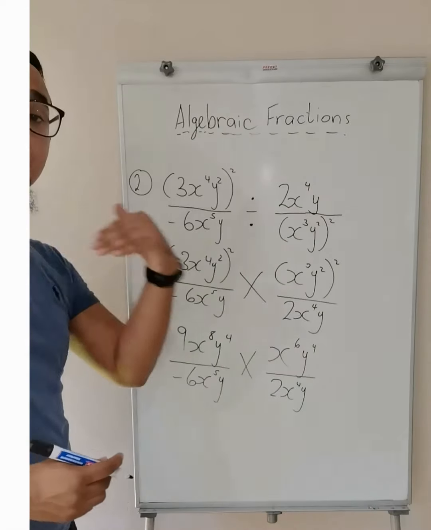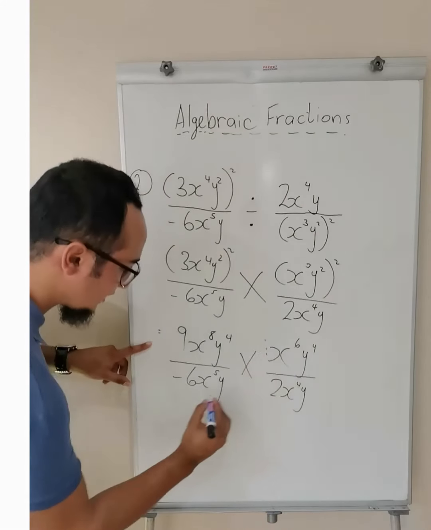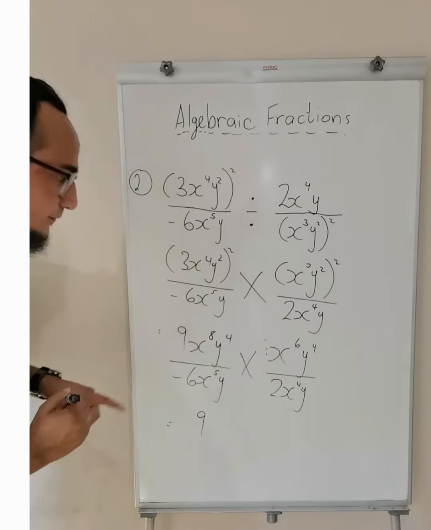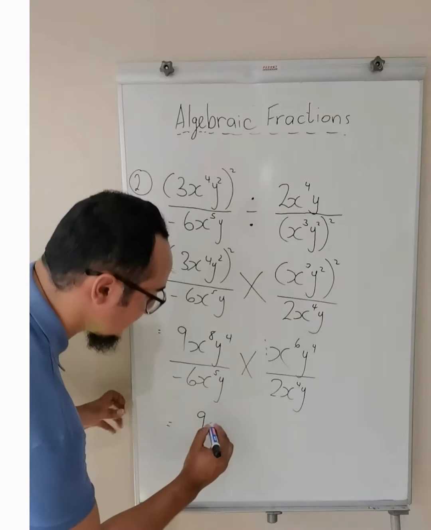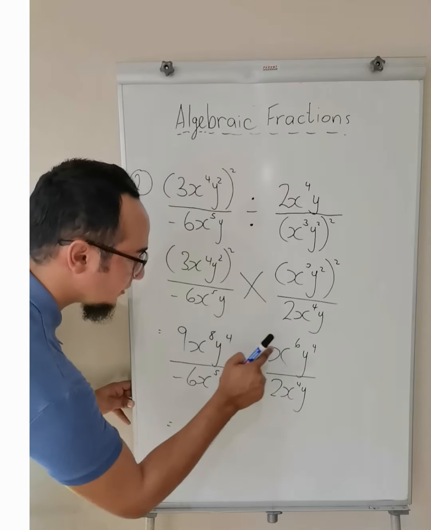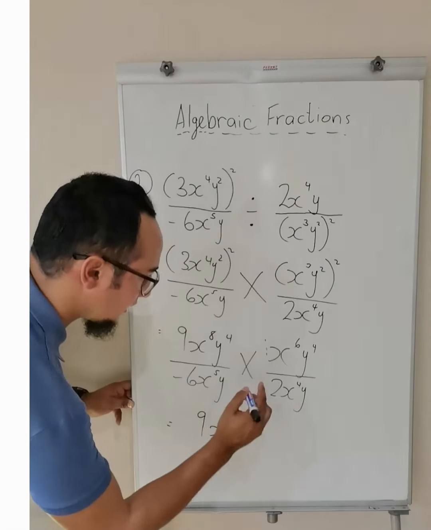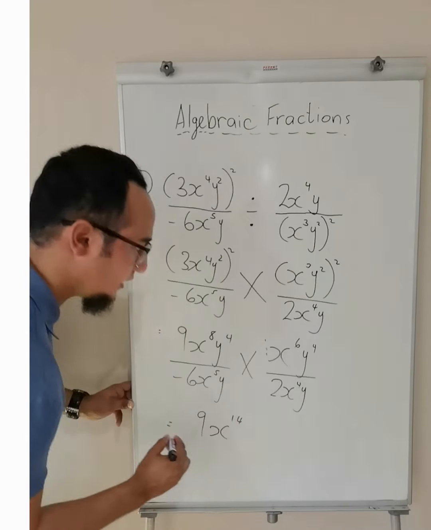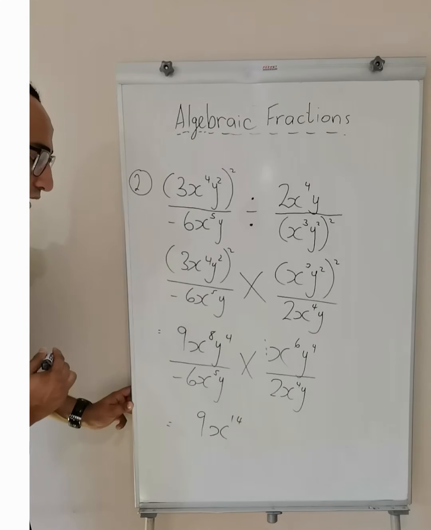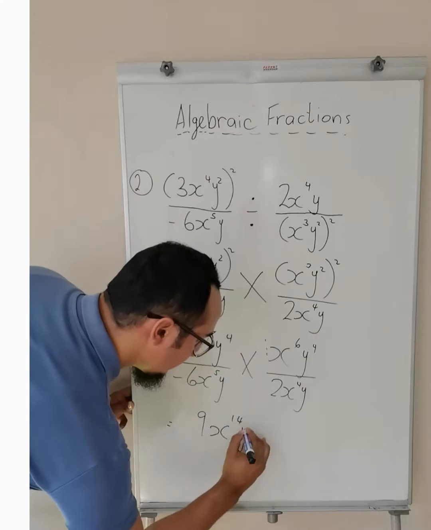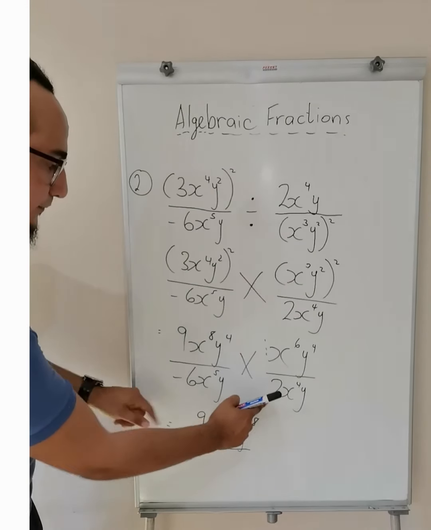Now, numerator times numerator, denominator times denominator. 9 times 1 is equal to 9. X to the power of 8 multiplied by x to the power of 6 is x to the power of 8 plus 6 is equal to 14. Y to the power of 4 multiplied by y to the power of 4 is equal to y to the power of 8. Alright, let's multiply this 2 together.